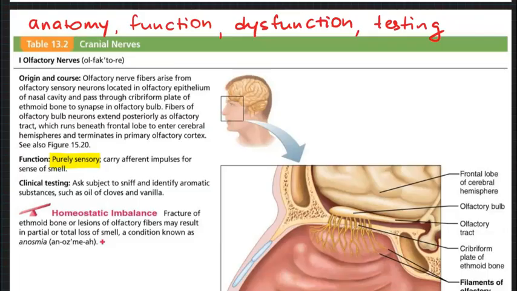Dysfunction. When you damage the olfactory nerve, people develop a condition known as anosmia, inability to sense smell. For instance, if somebody breaks their nose, the fracture often ruptures the cribriform plate of the ethmoid bone, and that damages the olfactory nerve.